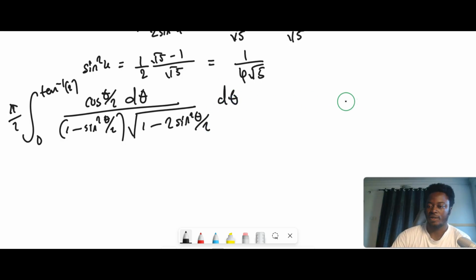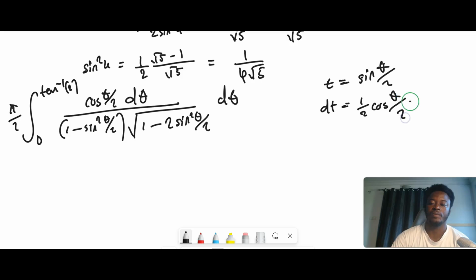Now like I did mention, we're going to take t to be sine of theta over 2. Notice here that dt would be 1 over 2 cosine of theta over 2 d theta, which is already handled.